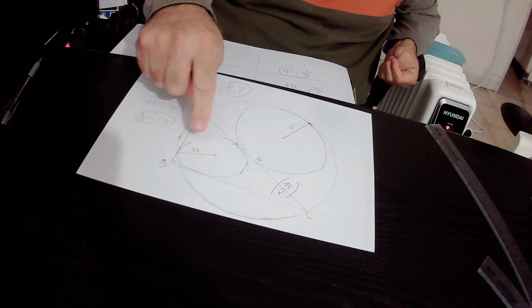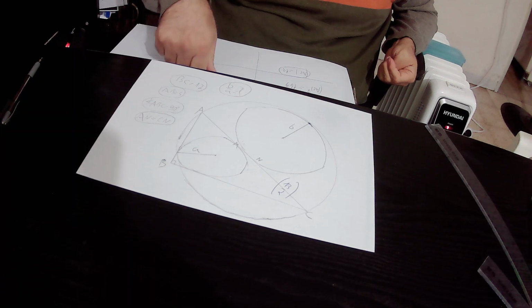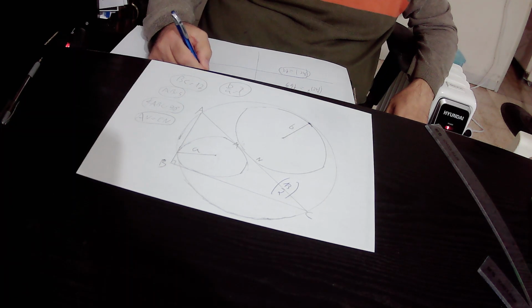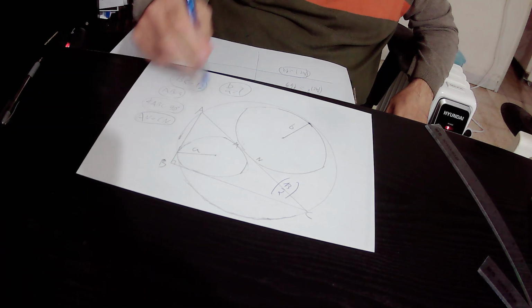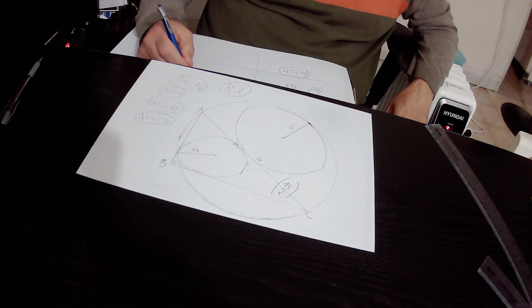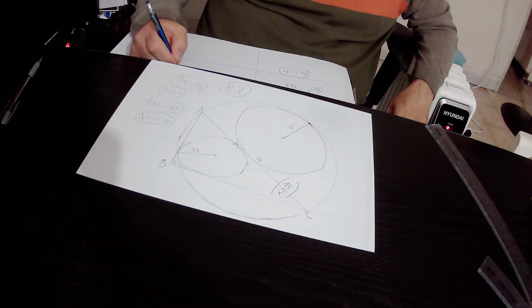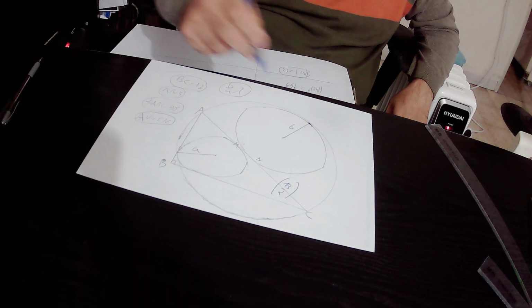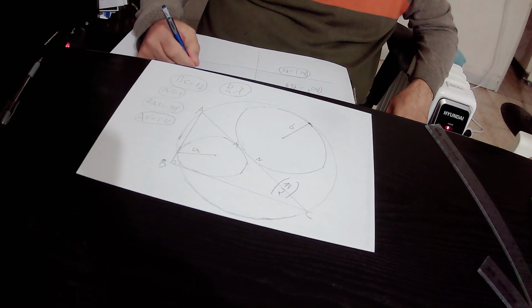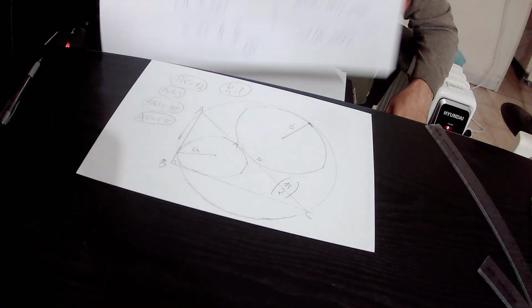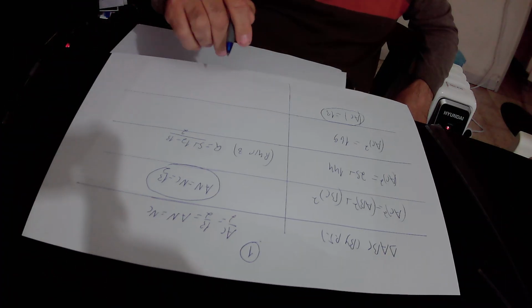The radius of this circle is A. According to rule number 8, the radius A will be equal to AB, that is 5, plus BC, that is 12, minus the length of the hypotenuse AC, that is 13, over 2.